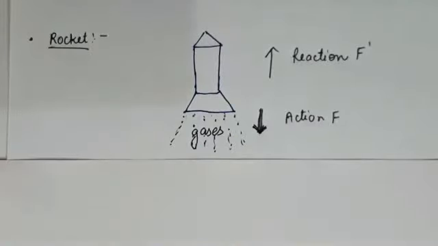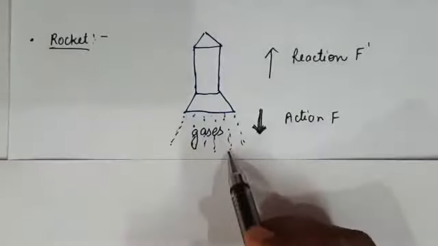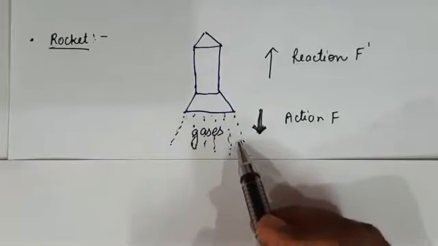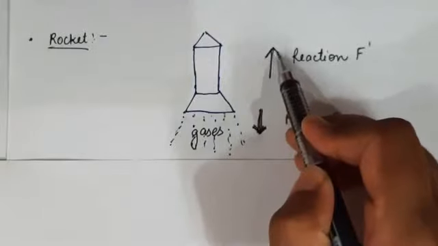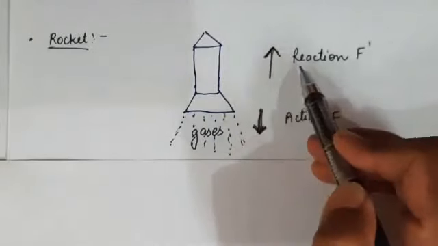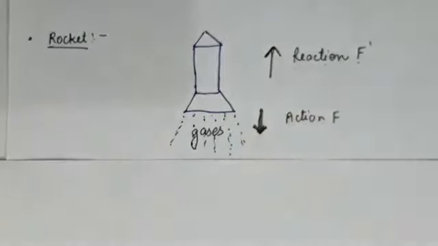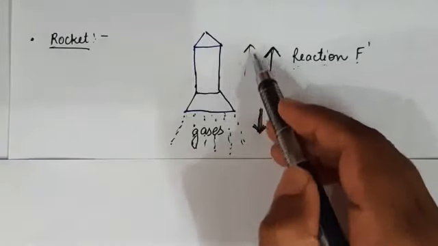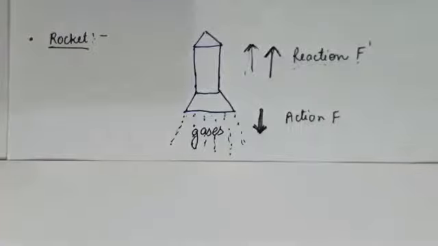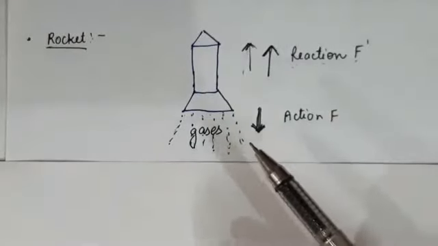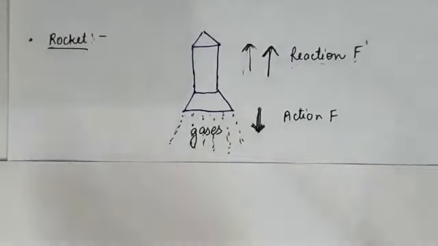Action force. Simultaneously an equal amount of force will be exerted in upward direction, that is reaction force. So the rocket moves in upward direction. So this is a very good example based on Newton's third law.